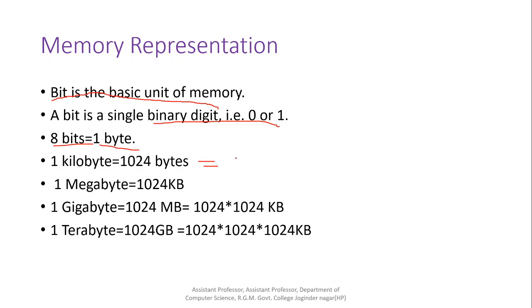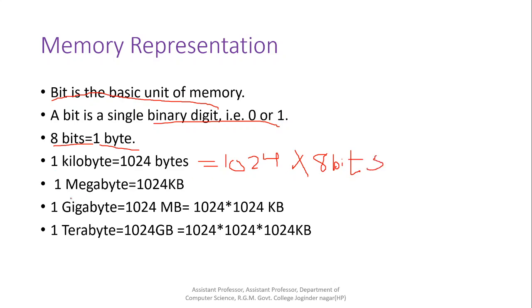We take 1024 and, as 1 byte is equal to 8 bits, multiply by 8 bits. These are the total number of bits available in 1 kilobyte.